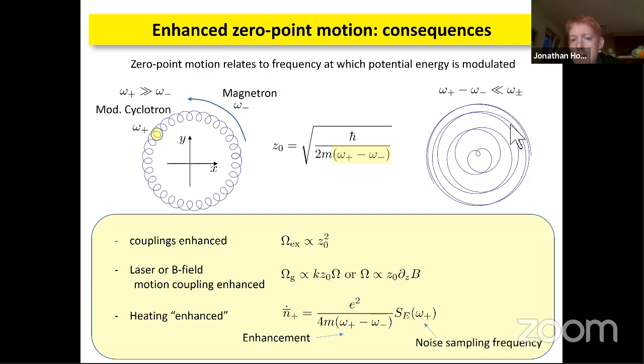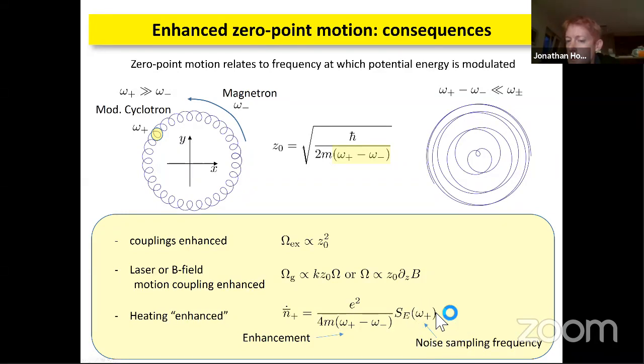So what does that mean for us? It means that the ion-ion couplings, these motional couplings, are inflated because they're proportional to zero-point motion squared. We couple more strongly our gradients of our fields to our lasers, which is exactly what we want for these two-qubit gates. The bad side is that it enhances the heating rate, because the heating rate is also proportional to the zero-point motion squared.